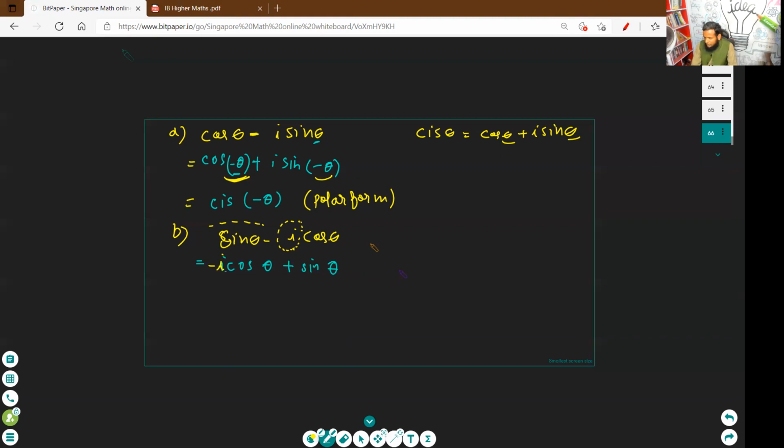Can you take minus iota common? Our need is to remove this, to vanish it. So we want to take minus iota common, but here there is no minus iota. We will multiply and divide by minus iota here.